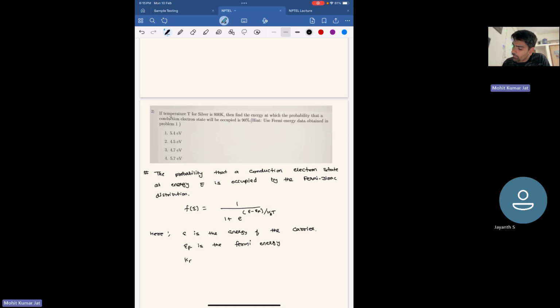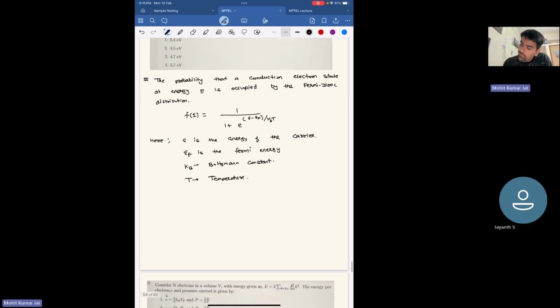And kB is the Boltzmann constant. T is the temperature. And we all know that this function F(E) has a shape.